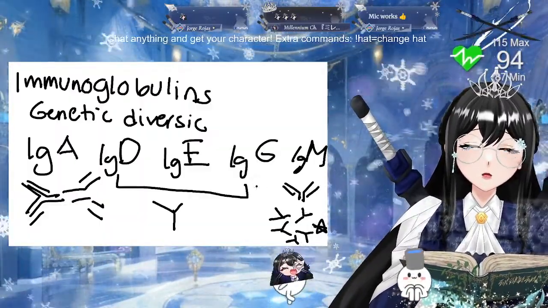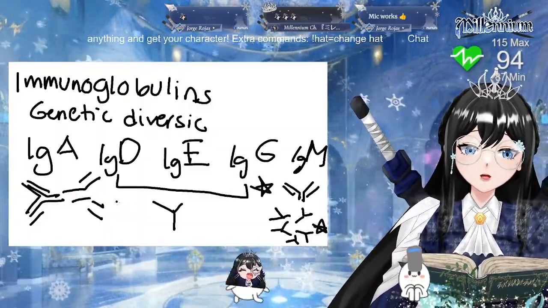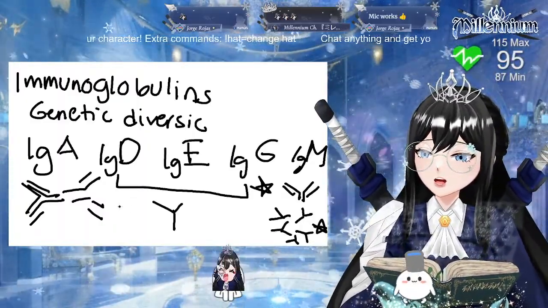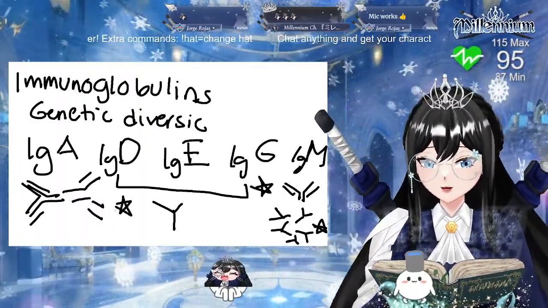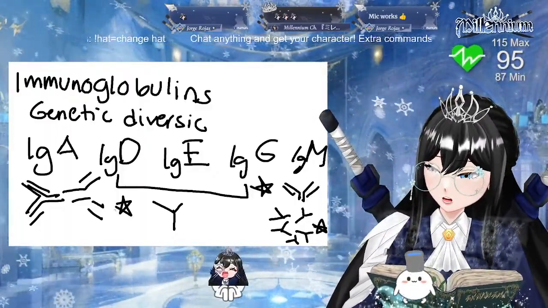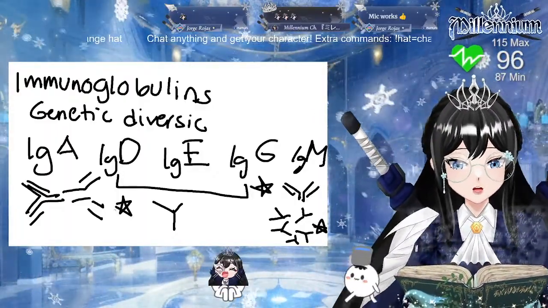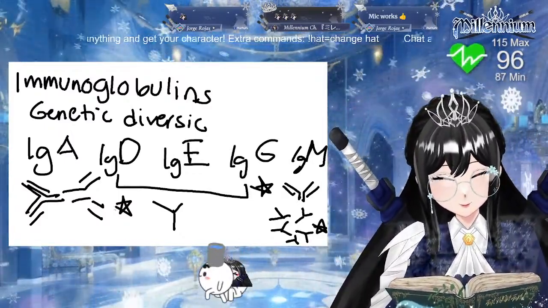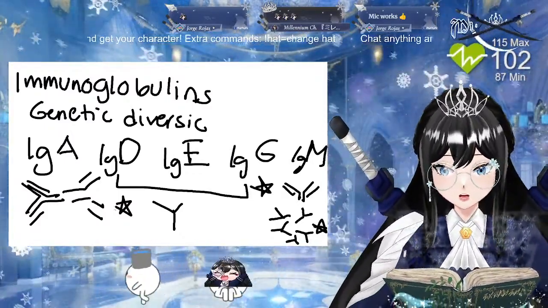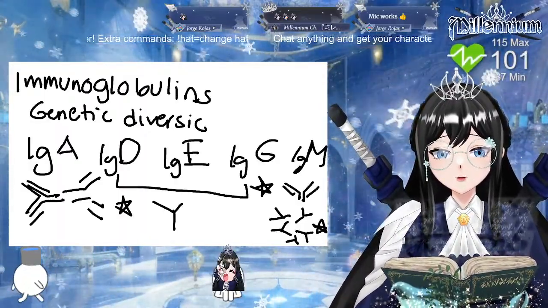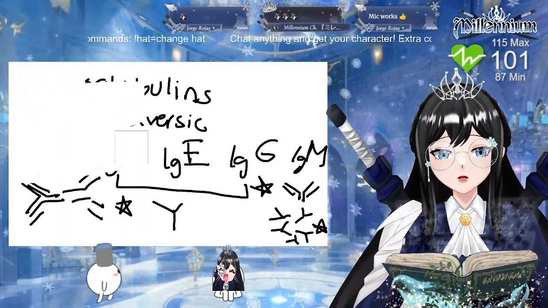The most common one is IgG. The least well-known, not as studied enough, is IgD. So that's what their differences are. Now let's do the very specific stuff about it.